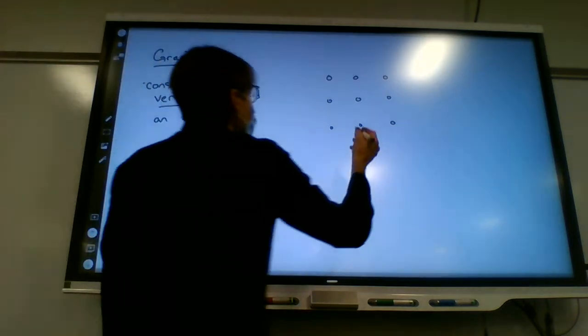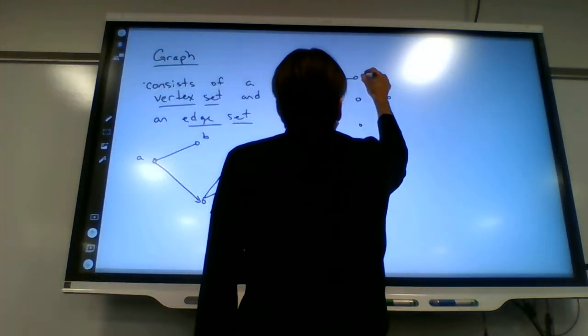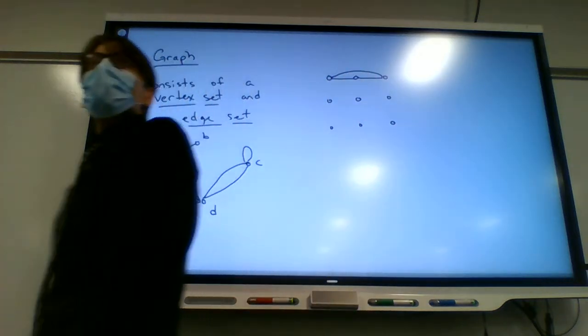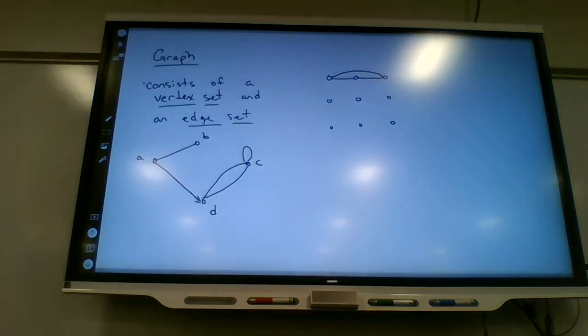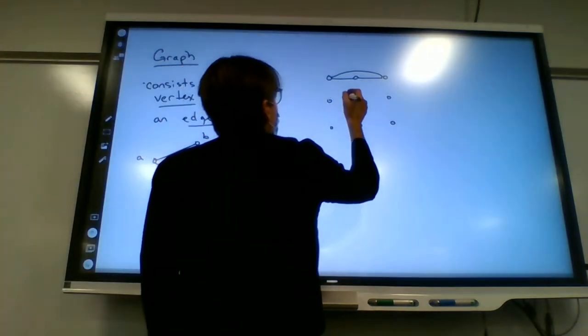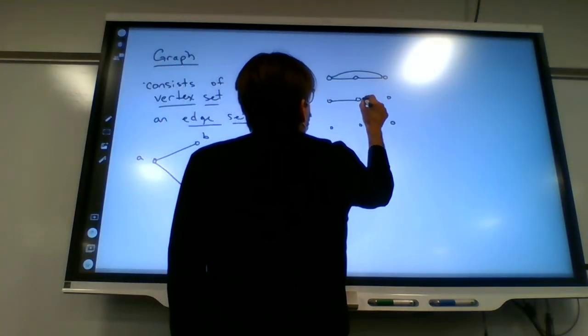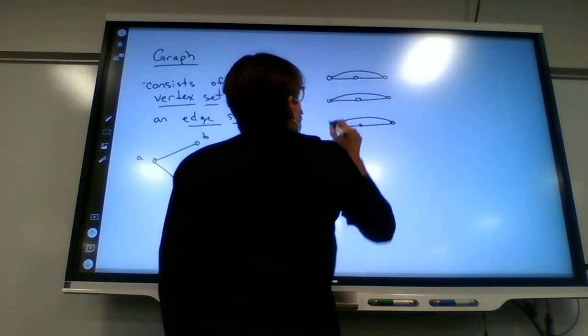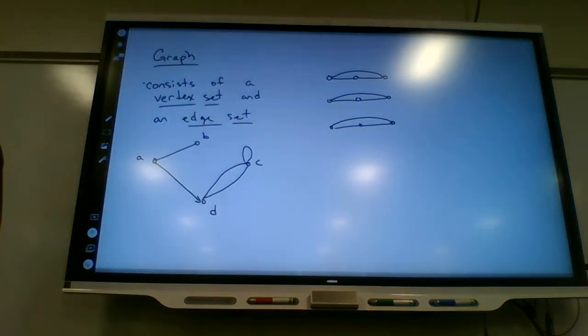So what would happen? You can get from here to here or there in one move. Does that make sense? So all three of those are connected in this way. You can also do this or this. What else can you do?